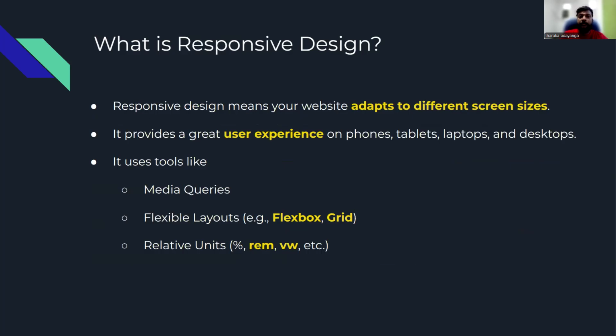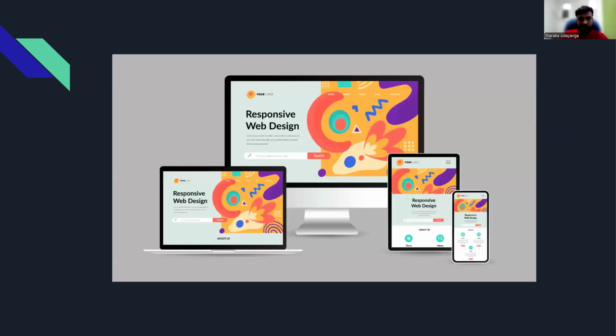And to achieve these things, we use media queries in CSS, flexible layouts like Flexbox and Grid, and we use relative units like REM and VW. So all of this is related to CSS. Nowadays, we have libraries like Tailwind, Bootstrap, or Material UI, anything. But everything is built on these basic concepts, so it's important to know these basic concepts.